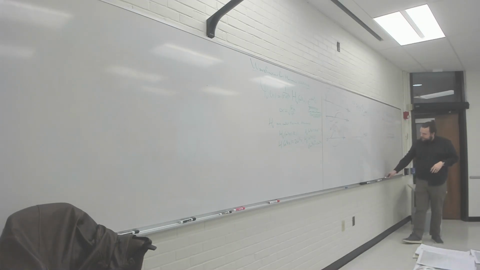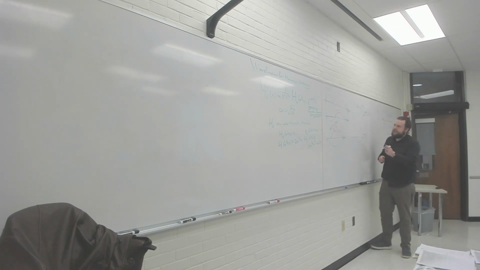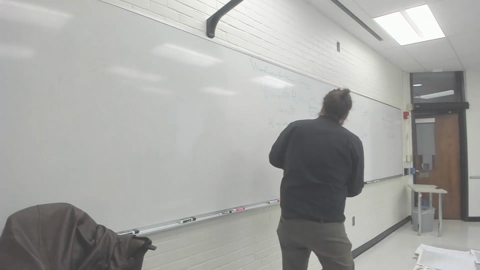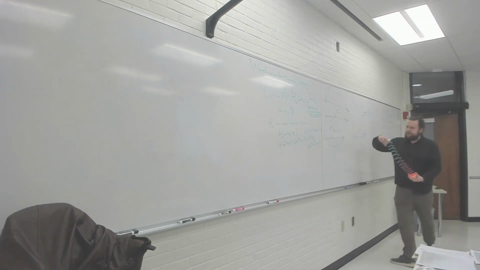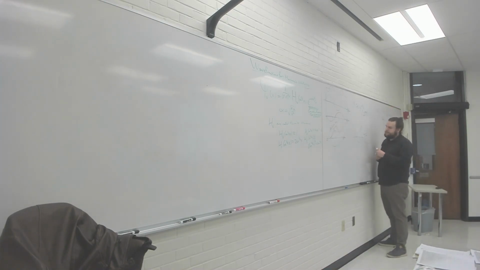So let's think about a classical oscillator with this energy. Okay, so let's imagine I have my slinky and I give it this much energy, and let's say I start it stretched. Okay, so I start here.